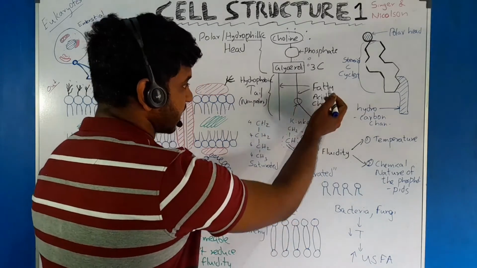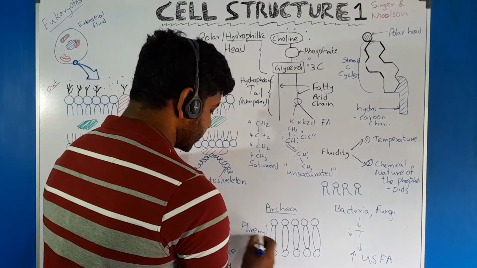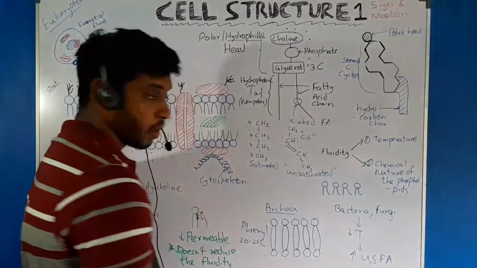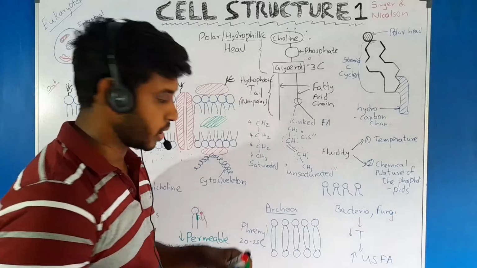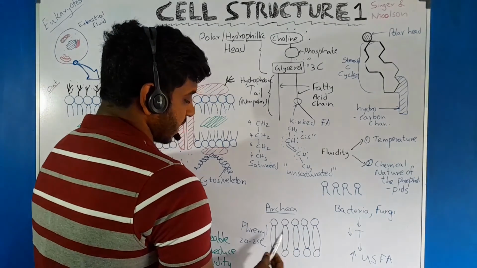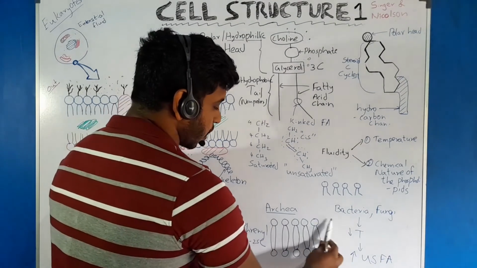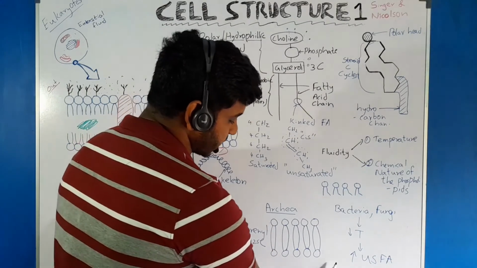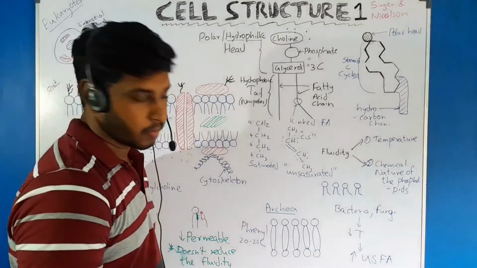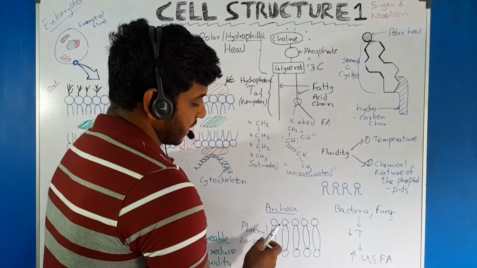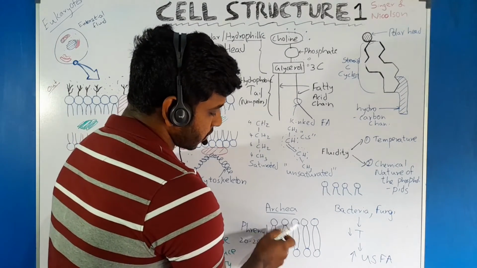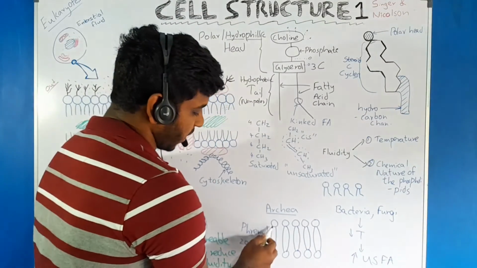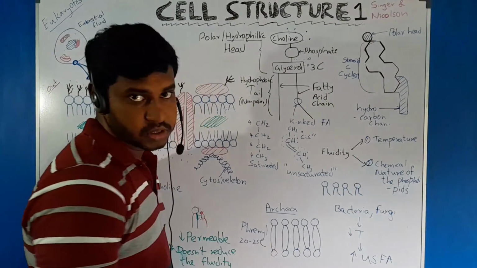These prenyl molecules are 20 to 25 carbons long, so they are very long molecules, and they span from one monolayer of the plasma membrane to the other monolayer. So, the two layers of phospholipids are interconnected chemically via these prenyl molecules.